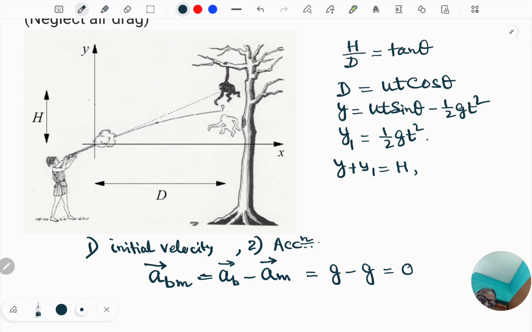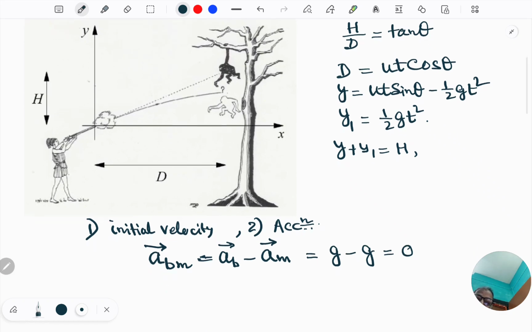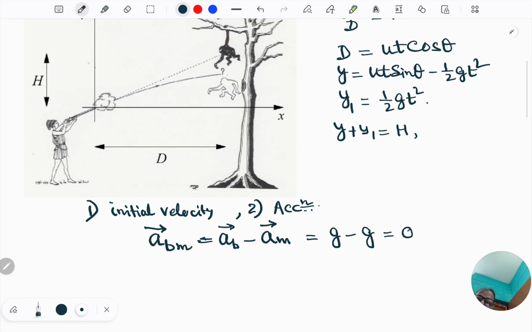So the direction of the bullet remains the same from the frame of the monkey. The monkey always observes that the bullet is moving towards it. And so, finally, the bullet hits the monkey. The monkey cannot escape. So by changing the reference frame, we could answer the question very easily without any detailed calculation.